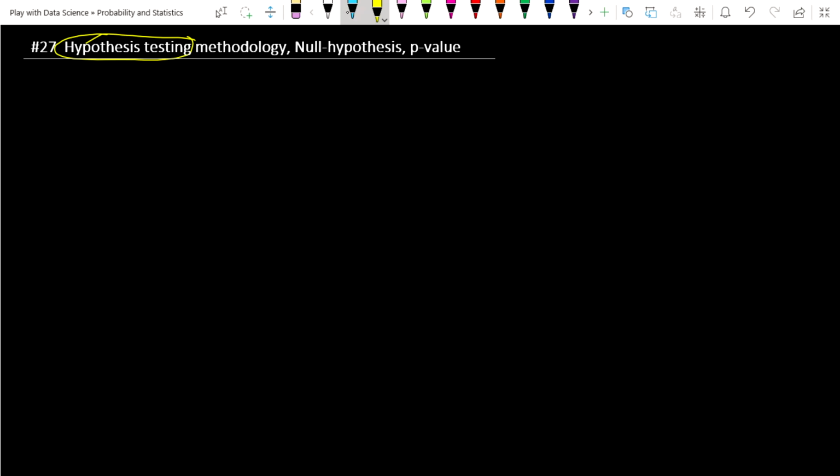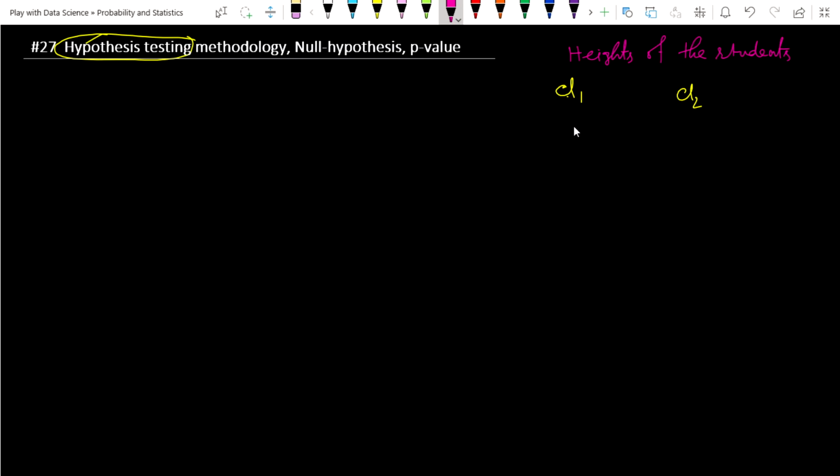Suppose we have two sets of data. The first set is for class 1, and the second set is for class 2. It is the data we have collected for the heights of the students of two different classes.